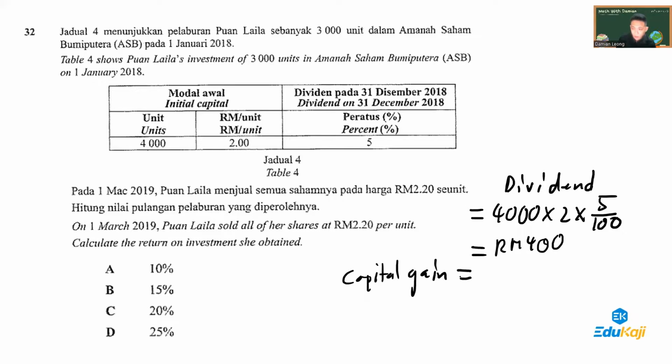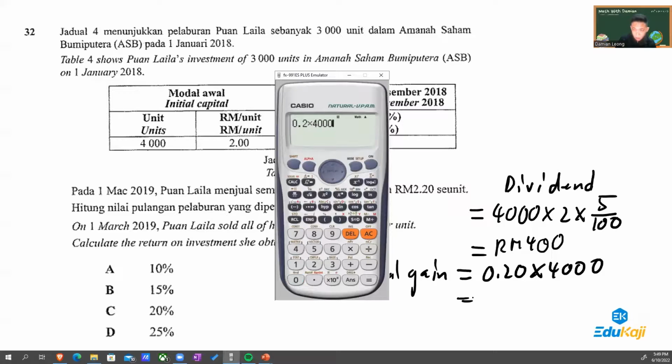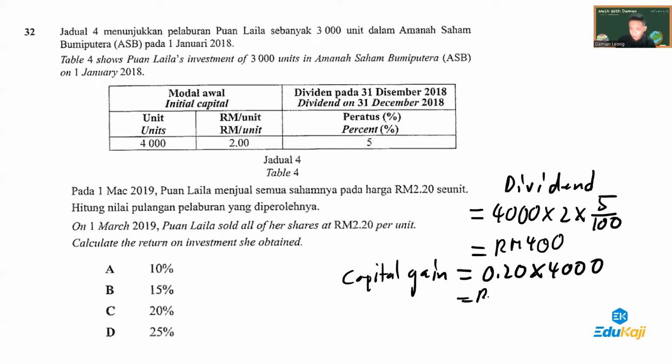So how much he gained from selling the units of shares? The difference in the price is 20 cents, means 20 cents gain times 4,000 units. 800 ringgit profit from selling. So the cost will be 4,000 times 2 ringgit each, 8,000.